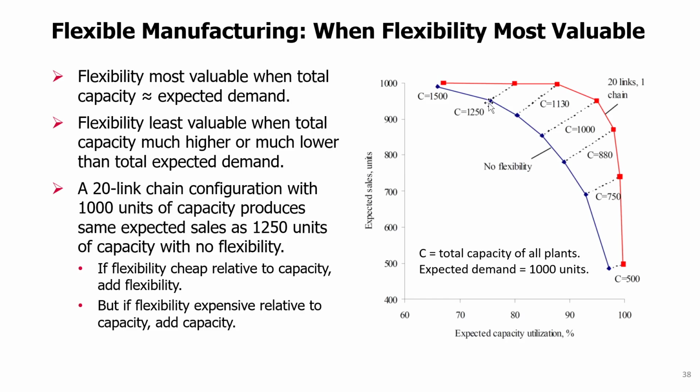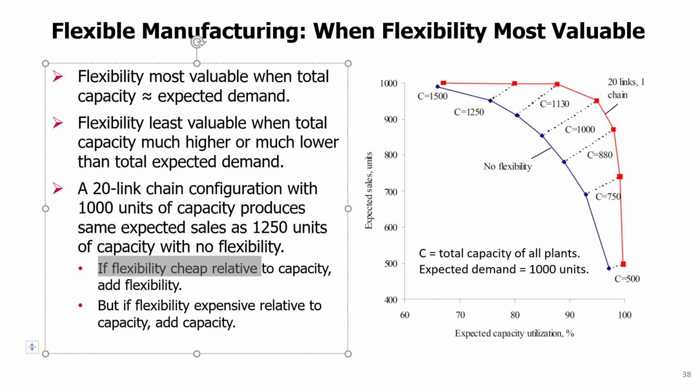Again, each plant produces one product, one vehicle, but each plant now has an extra 25% of capacity. So notice that there is a kind of choice here. If flexibility is cheap relative to capacity, add flexibility and move from this point to this point. However, if flexibility is expensive relative to capacity, then instead add capacity and go to this point here.